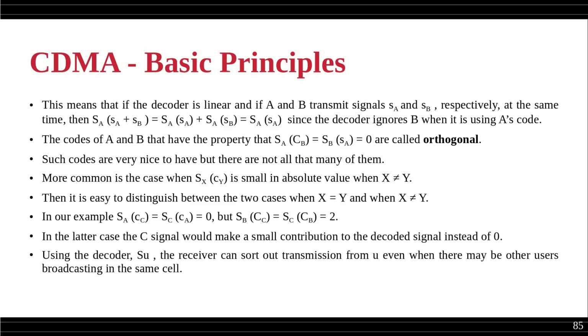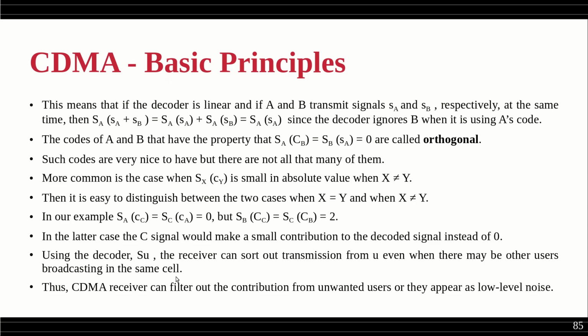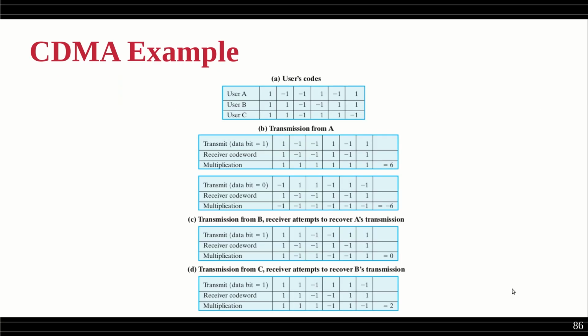So using the decoder for U, the receiver can sort out the transmission from U even when other users are broadcasting in the same cell. The CDMA receiver can filter out the contribution from unwanted users, or they may appear as very low level noise.